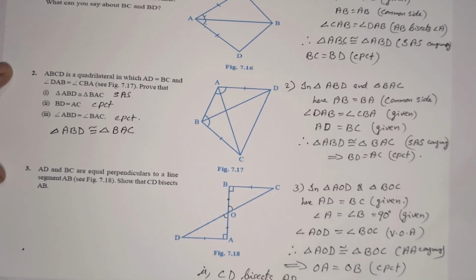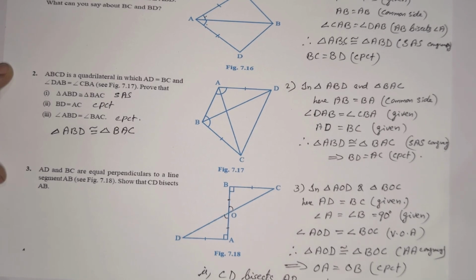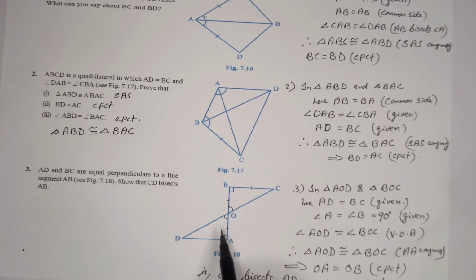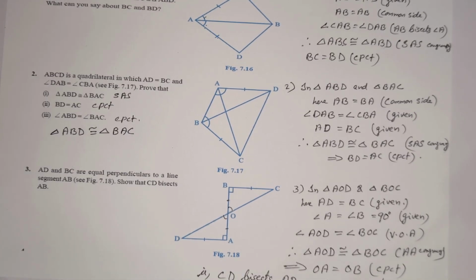Hence proved. So first we had to find suitable criteria by which these two triangles are congruent. After that, the corresponding parts are equal. So OA is equal to OB, which means CD bisects AB.